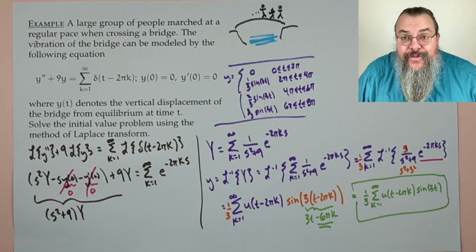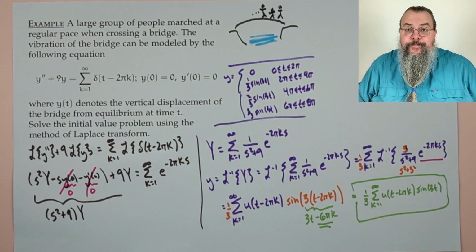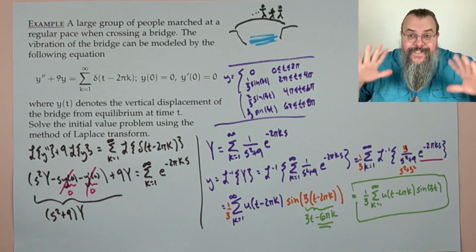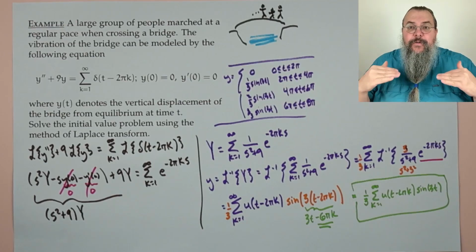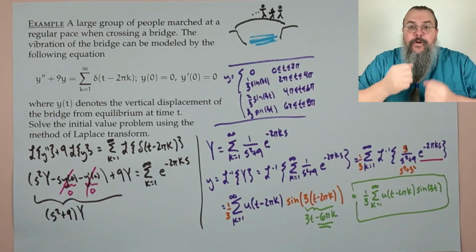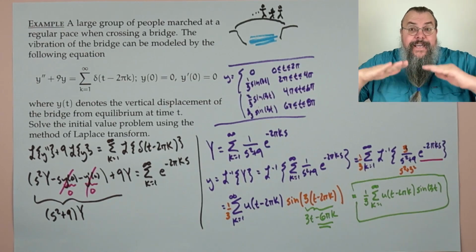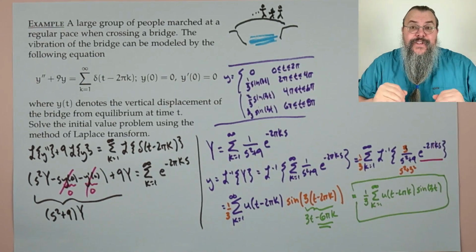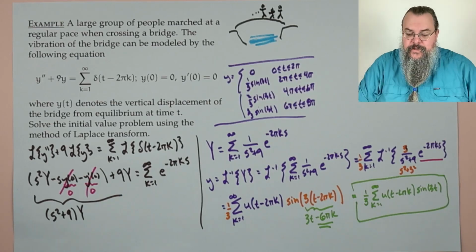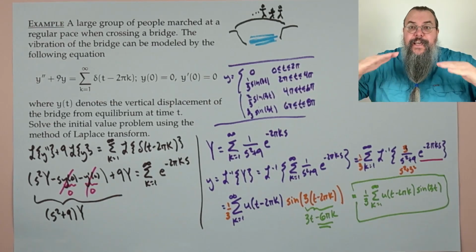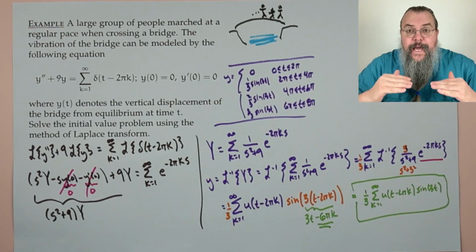The bridge will collapse, and it will break. And this actually happens. When people walk across the bridge in uniform and they walk at just the right pace, the vibrations will build off of each other. That's what's going on here. And the bridge will collapse.